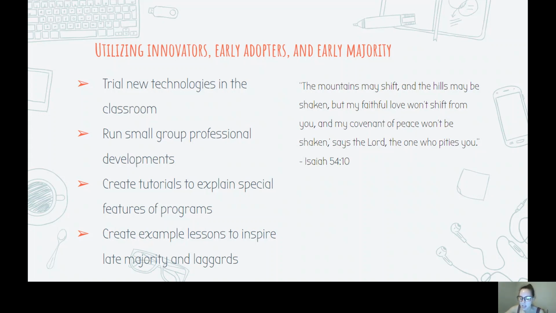For me, this really showed that Christ would be opening and accepting. He would have the early adopters and the early majority in his presence, show them love, and just keep continuing that relationship and that path.